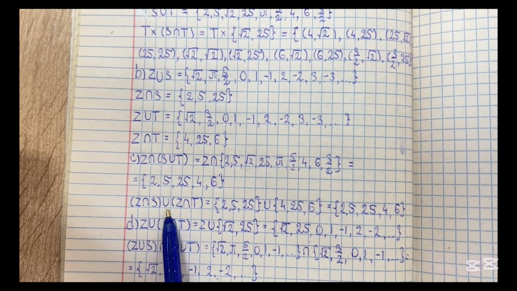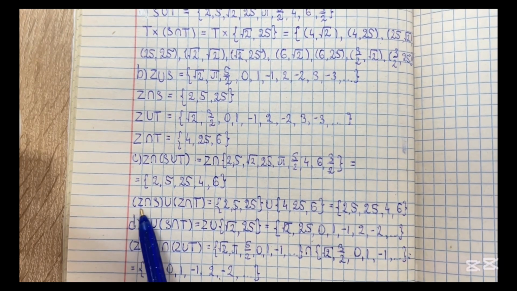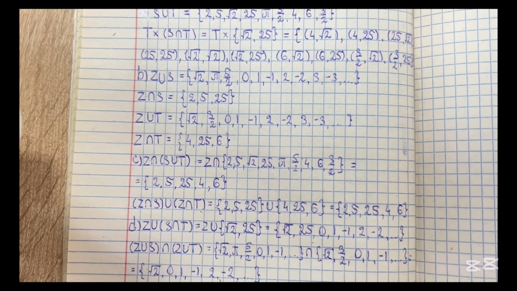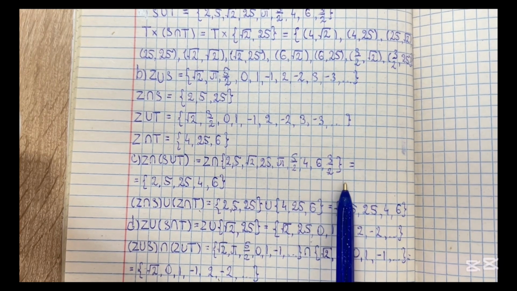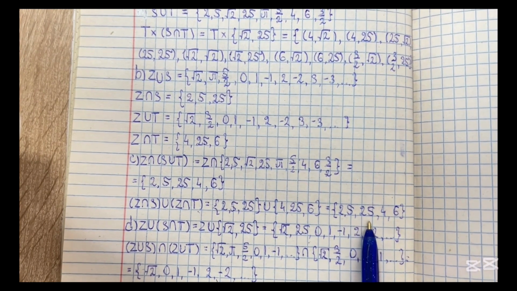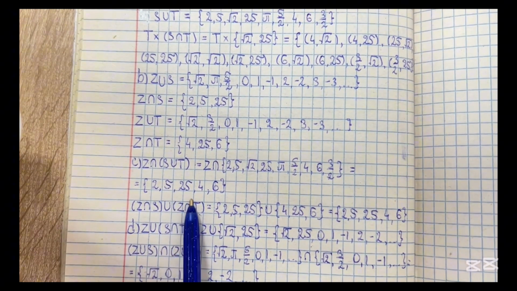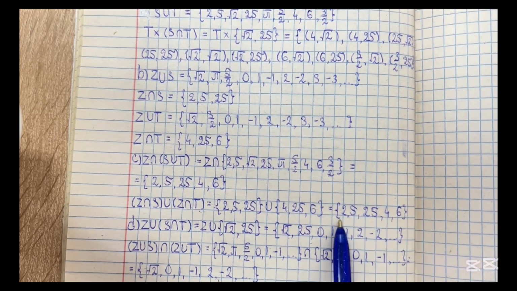In the next part we should find the union of the intersection of Z and S and the intersection of Z and T. So again, I just rewrite it from the previous task, as we have already solved it. And here we can see that we have the same numbers, 2, 5, 25, 4, 6, and here the same elements.